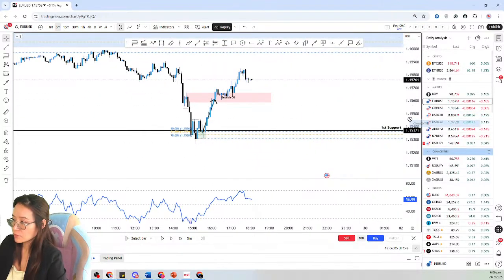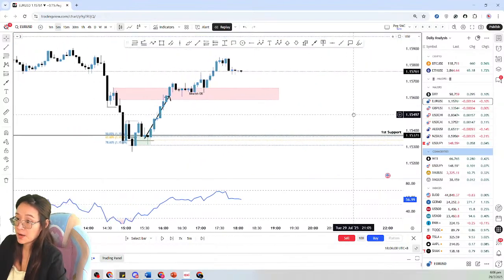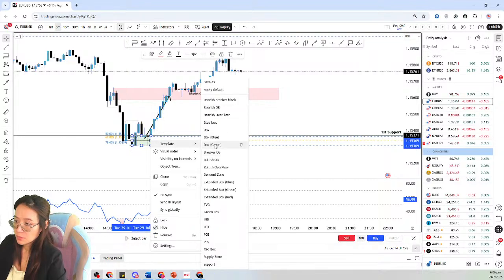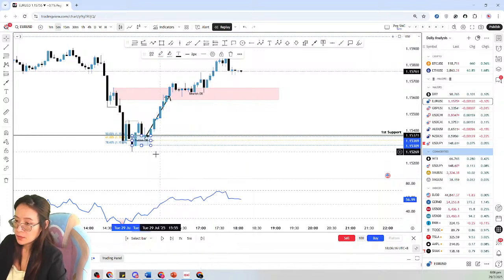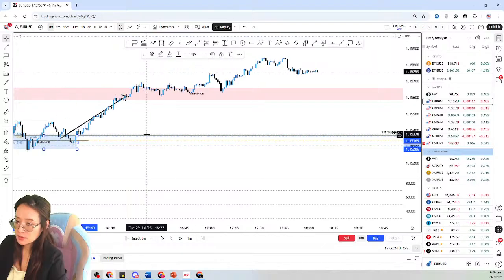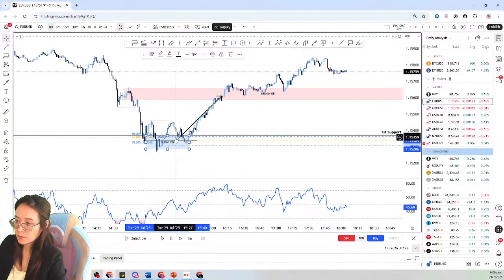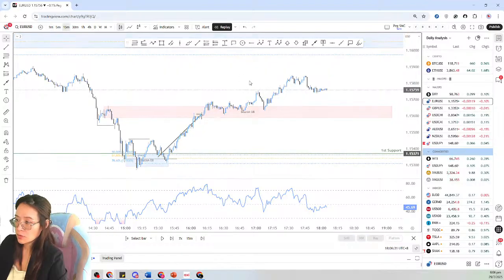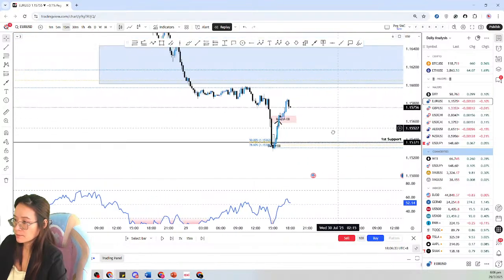Now we look at the M5. You will see this is our bullish OB right here, in M5. And in M1, it's our Fibonacci level and price rising strongly and continues to go higher right here.